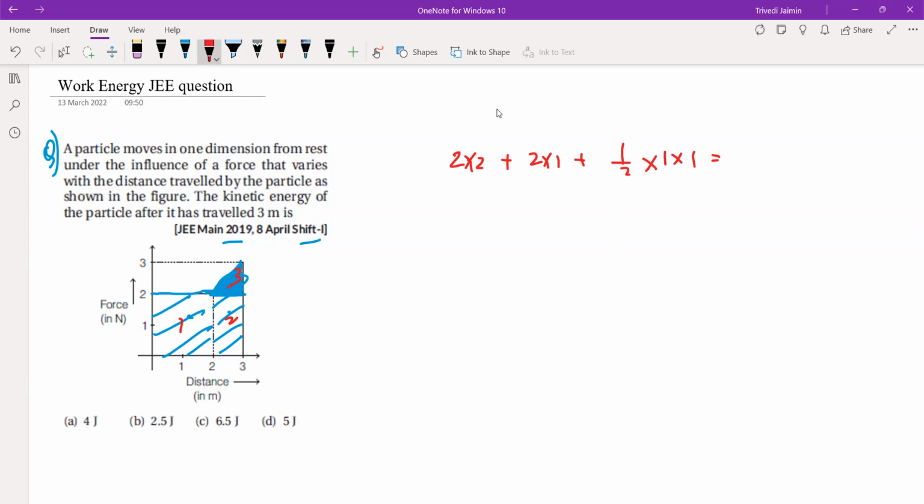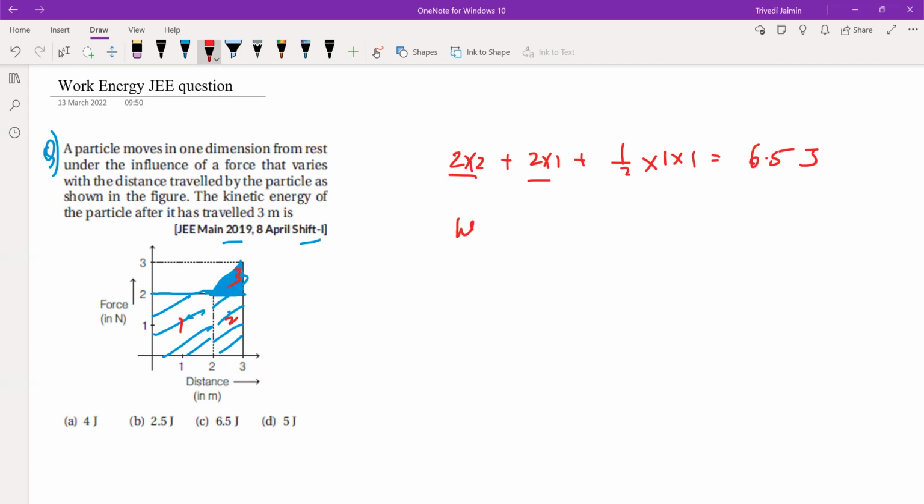Did I miss any number? No, yeah, 6, not 4. 6.5 joule.